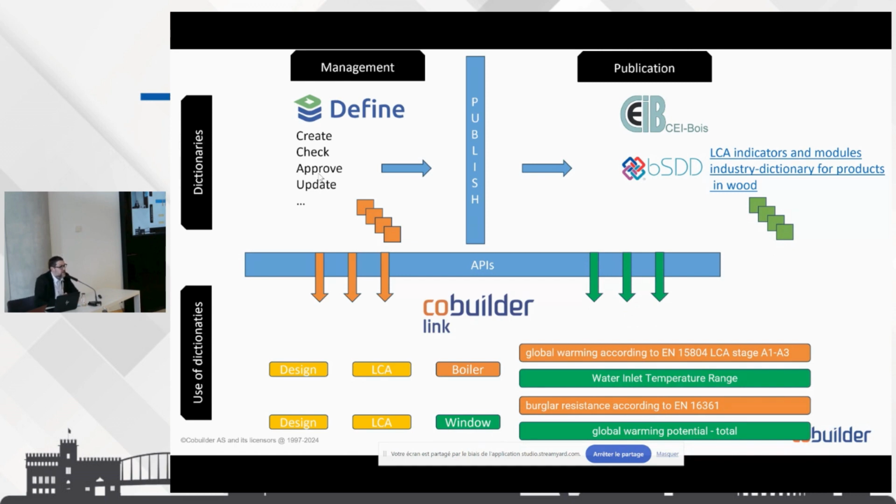So what we will do is create requirements using two different data dictionaries coming from two different places, via API call. I will have an object coming from define, an object coming from BSDD, properties coming from define, properties coming from BSDD, and the goal at the end, well, just a QR code because a lot of people are fans of it.